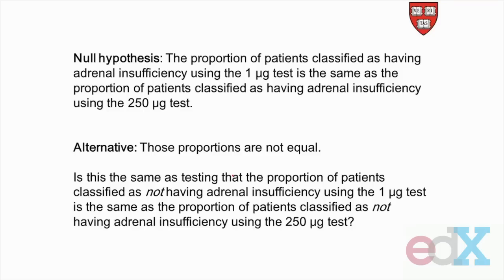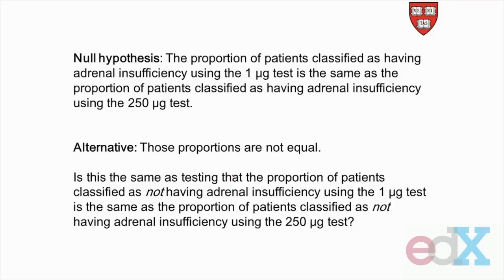So if one proportion is the same, then the other has to be the same. So these are in fact the same null hypothesis. It just depends on how you want to specify it.